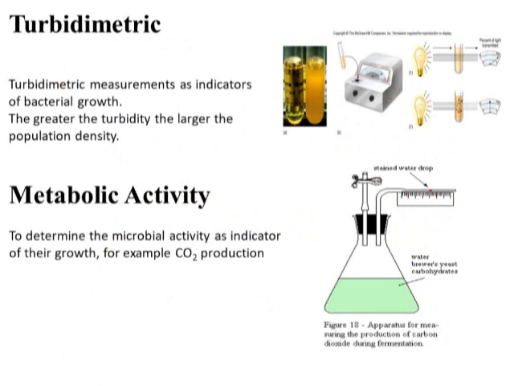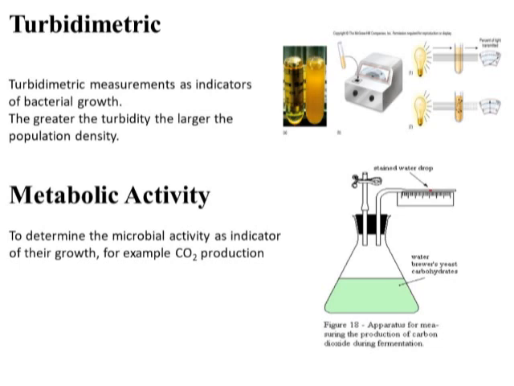The indirect methods, you will have the turbidimetric method, which is just submitting your sample to a spectrophotometer and measuring optical density, and the optical density will be proportional to the number of cells, and you can use that as a direct indicator of cell concentration in the medium.